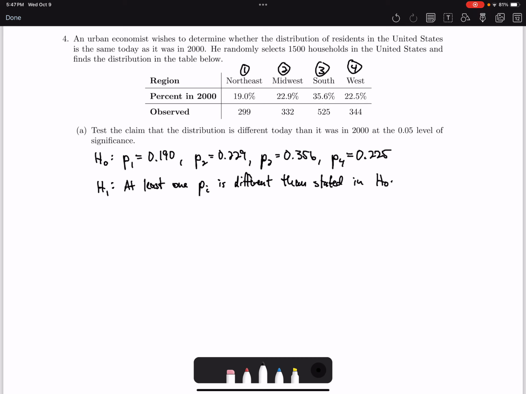Let's go to Art of Stat to get our p-value. For counts, we're going to put in the observed row from our chart. And for props, we're going to put in the percent in 2000 from the chart. And let's see what we get for our p-value.